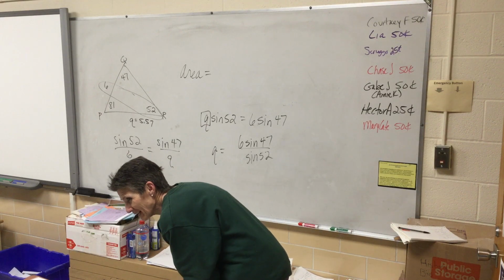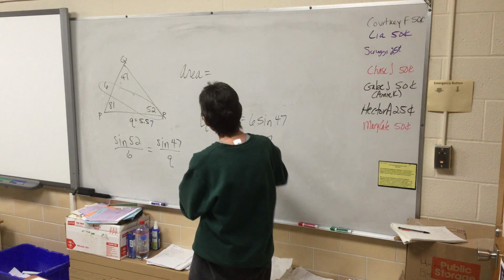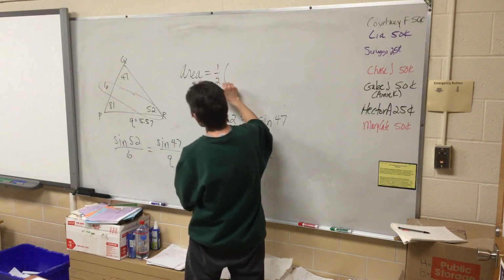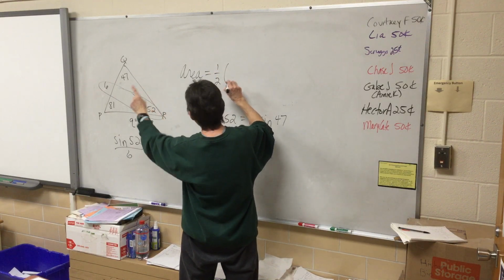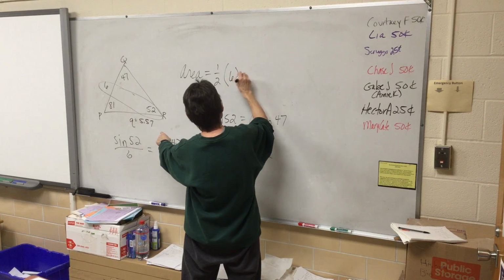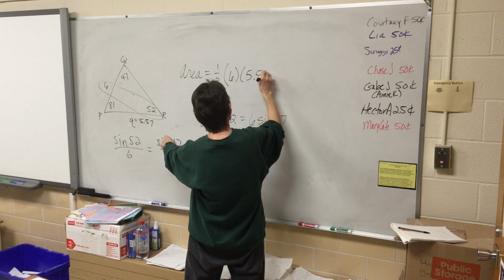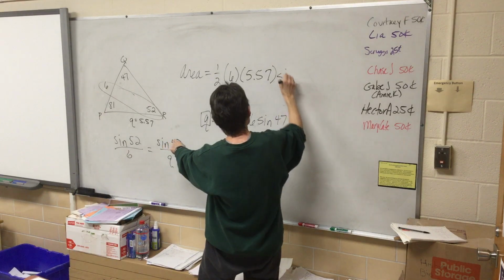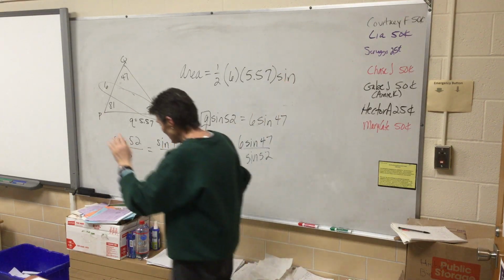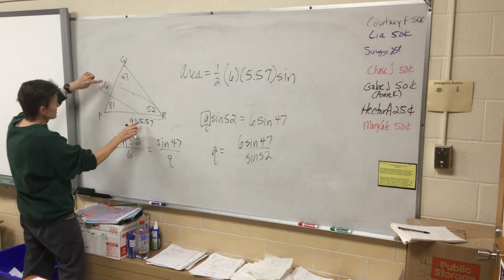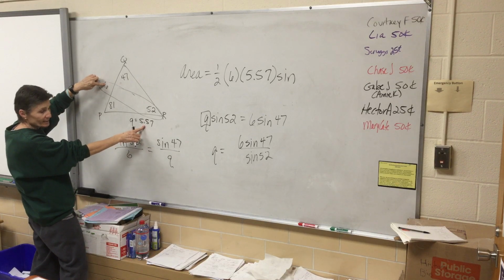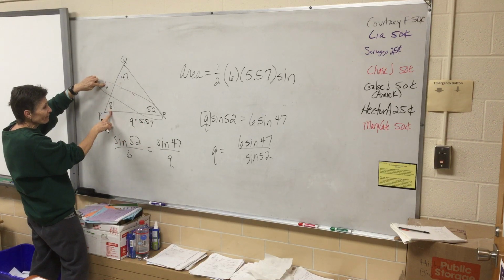Now can I find area? Yep, because now I can do 1/2 side times side times sine. Now be careful. If you're using these two sides, then the angle you have to use is 81.